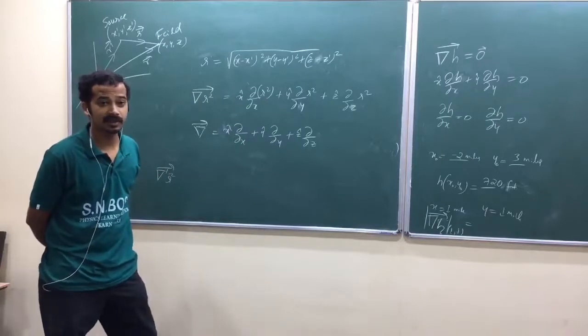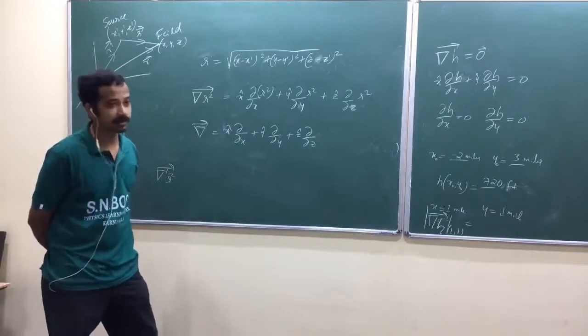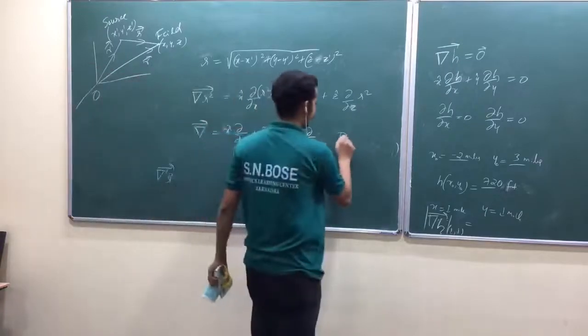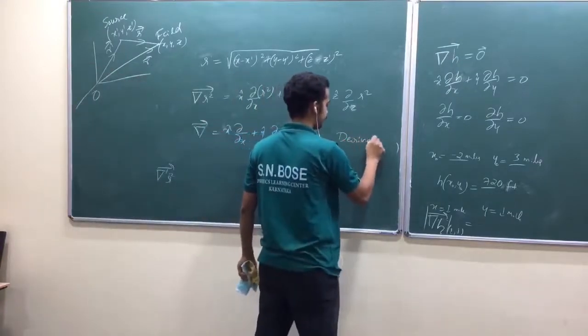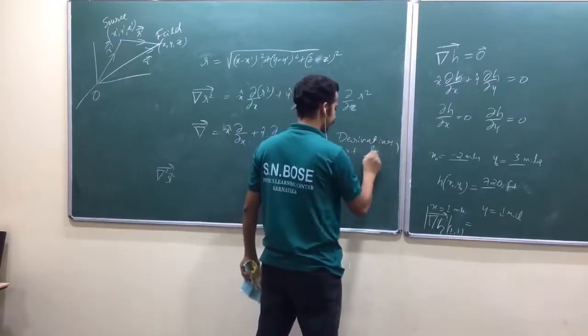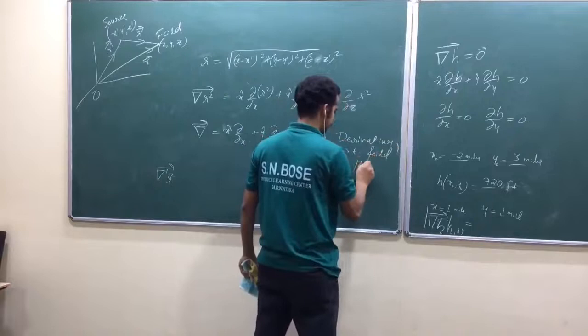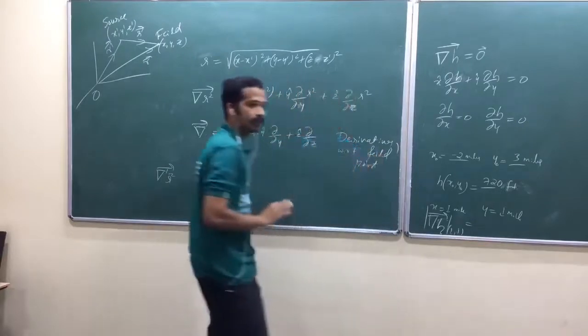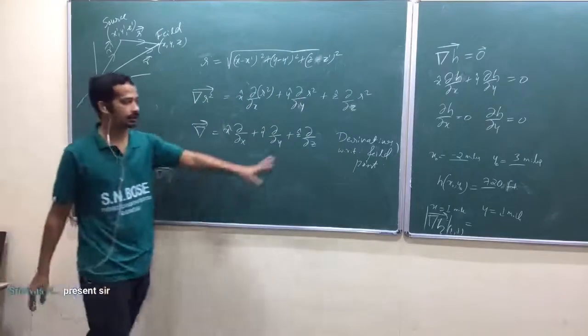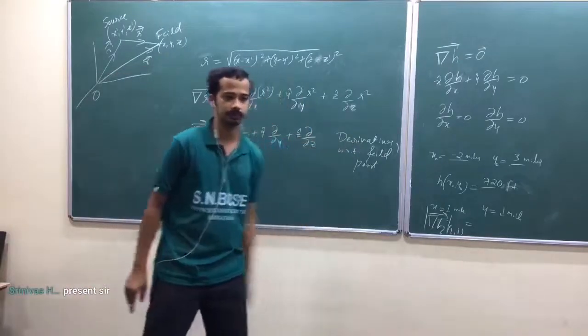Only when we talk about polarization and all, we will talk about derivative with respect to the source point. This is derivative with respect to the field point. Up to the 2nd and 3rd chapter, we will talk about derivative with respect to the field point.